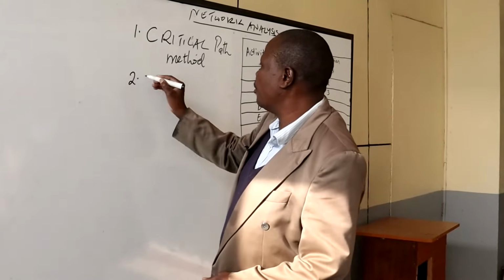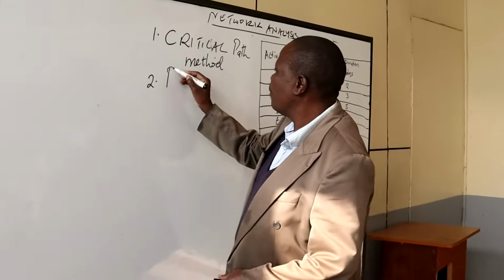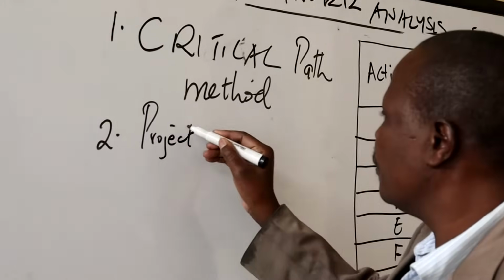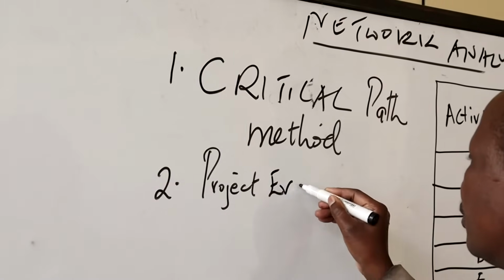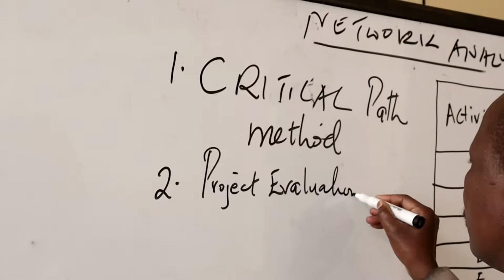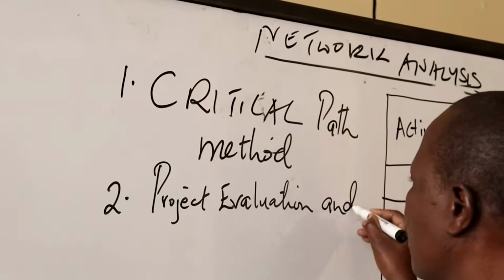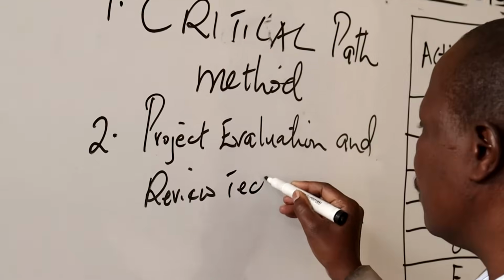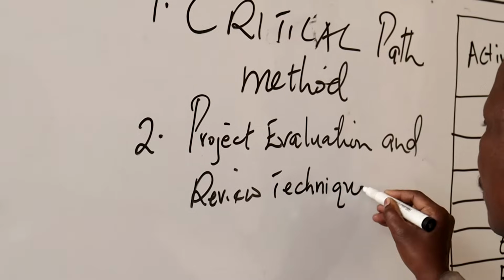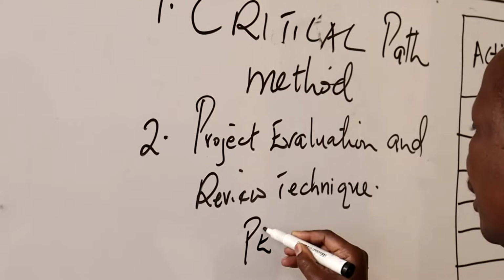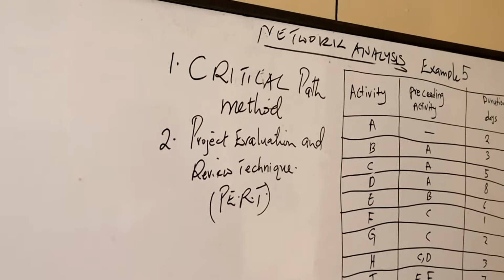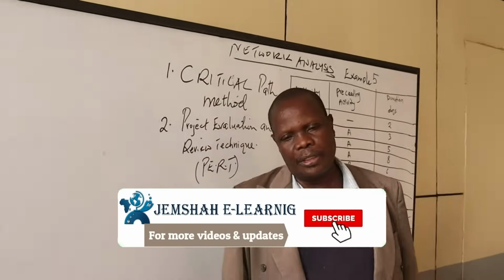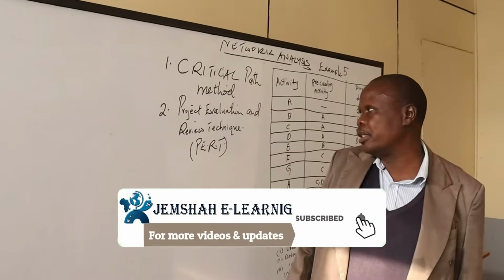Then the other one, number two, is known as programmable project evaluation and review technique, which is also known as PERT, project evaluation and review technique. Those are the two methods which are used when we construct a network using the duration.